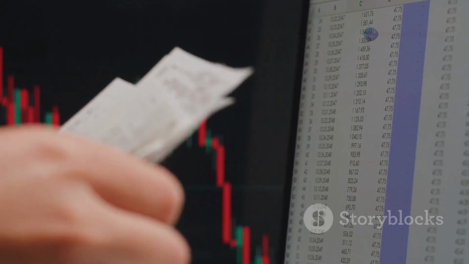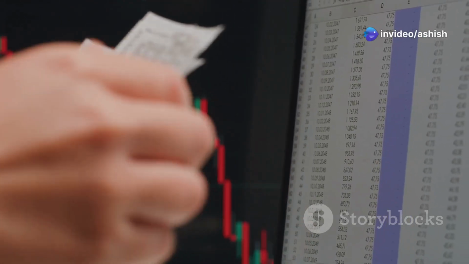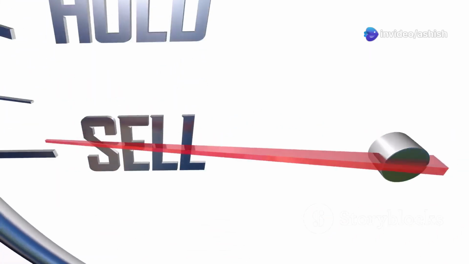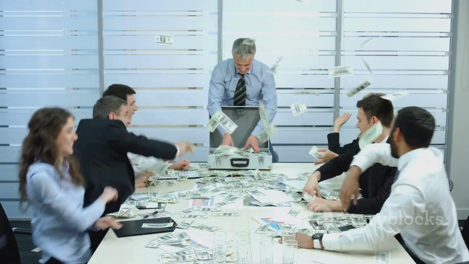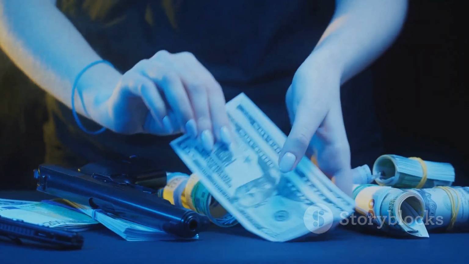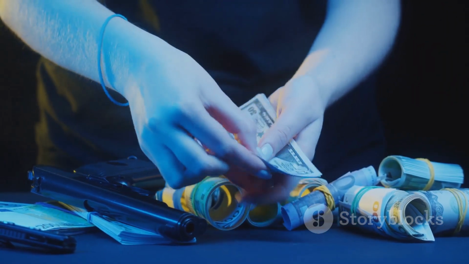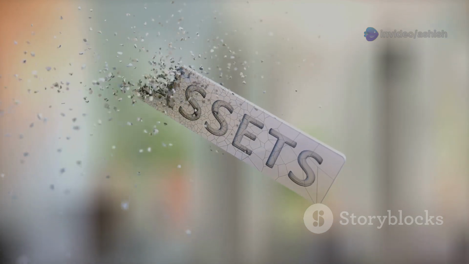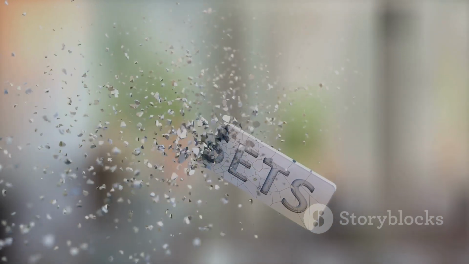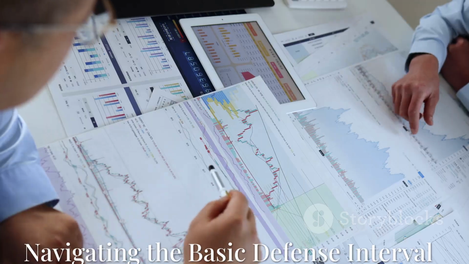Cash equivalents are investments that can be converted into cash very quickly, like money market instruments or short-term government bonds. A high cash ratio might seem like a good thing, right? After all, who doesn't love having cash on hand? But a very high cash ratio could also be a sign that a company is being too cautious, not putting its cash to work effectively. Remember, money sitting idle in a bank account isn't growing, it's not generating returns.